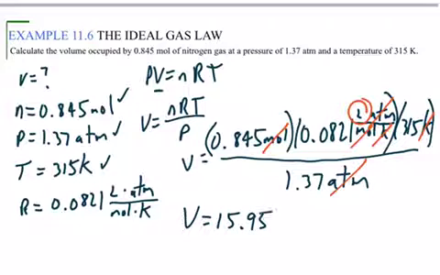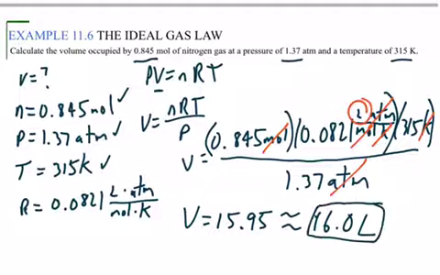And if you look at significant digits, the smallest number in all the givens is 3 significant digits. So let's round that to 3 significant digits, and that comes out to 16.0 liters. And that will be our answer to this first problem, okay?